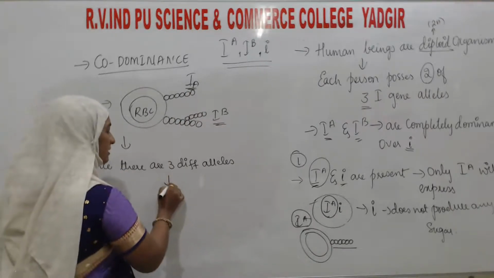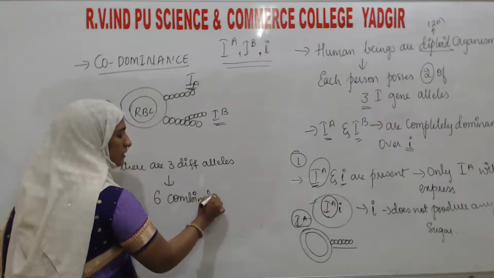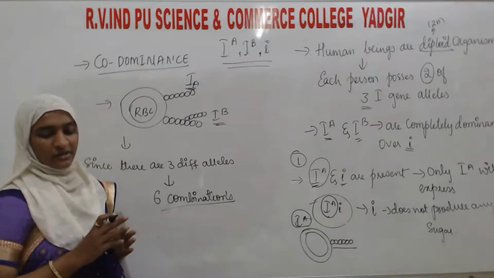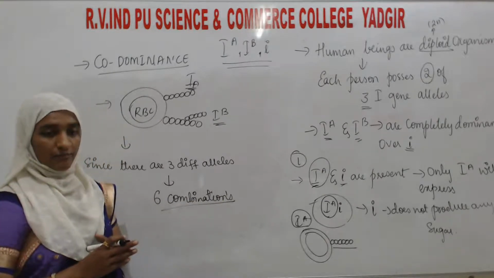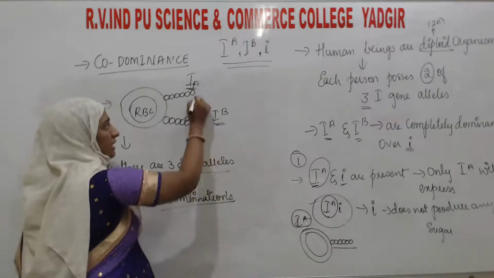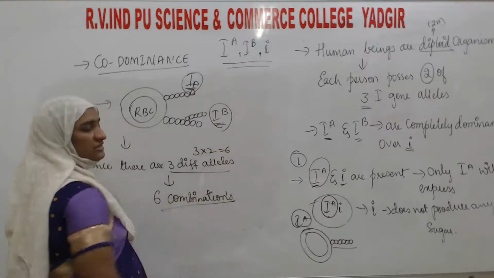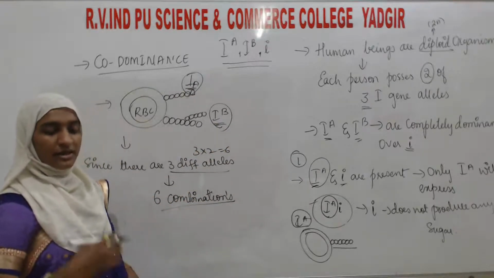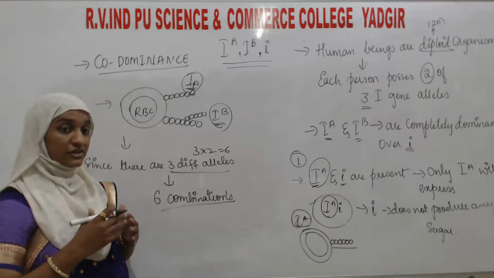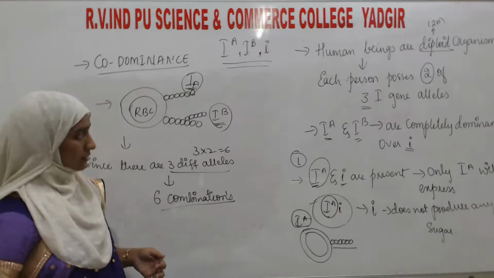Six combinations are going to form, from the three different alleles and two sugar polymers. That is 3 into 2, that is 6. So what are those six different phenotypes or genotypes of this ABO blood group? Let's see.